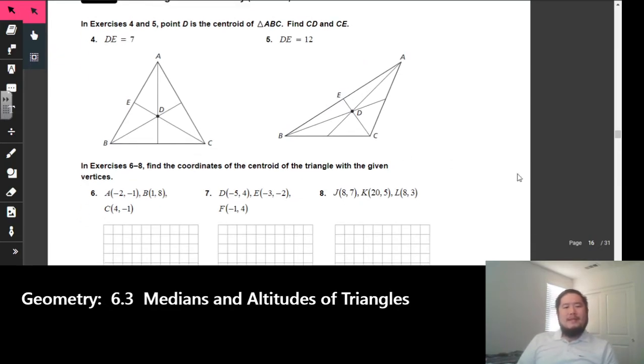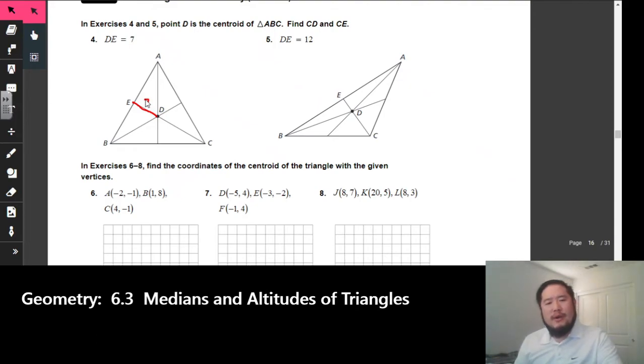So it says point D is the centroid of triangle ABC, and then find C to D and C to E. All right, so let's use our diagram. We have D to E is 7. Wonderful. Now we have point D is the centroid.